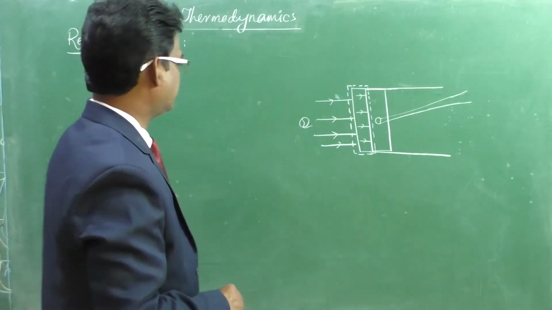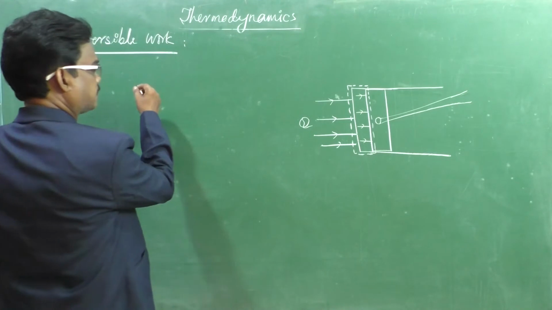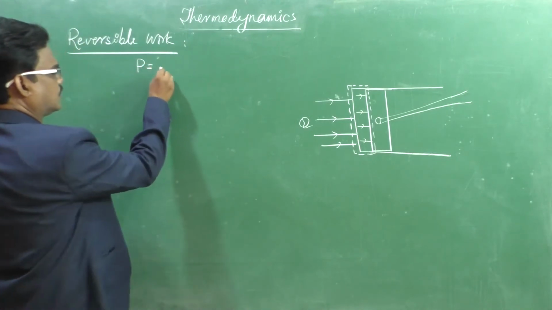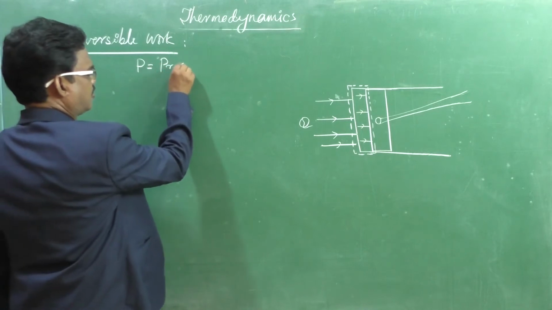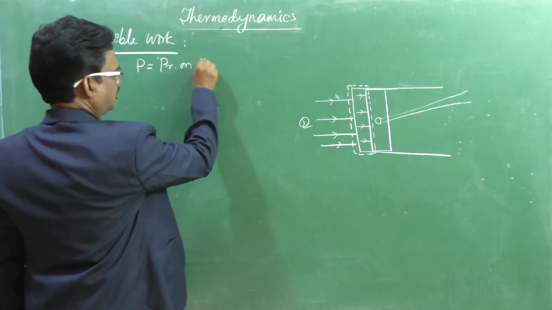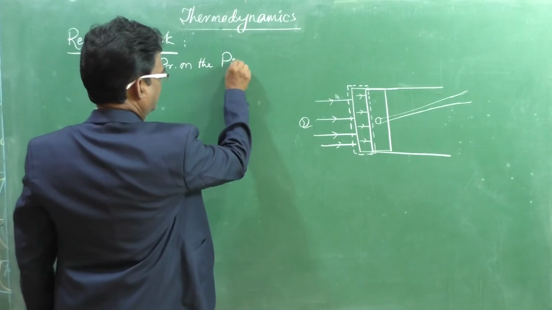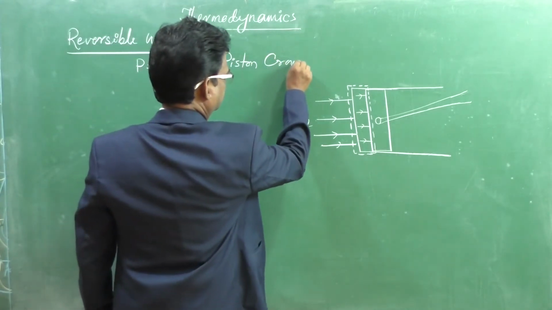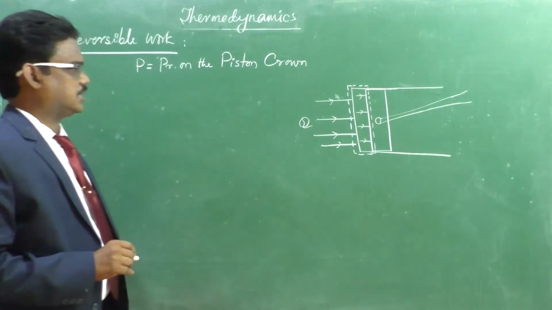Therefore, P is the pressure on the piston crown.